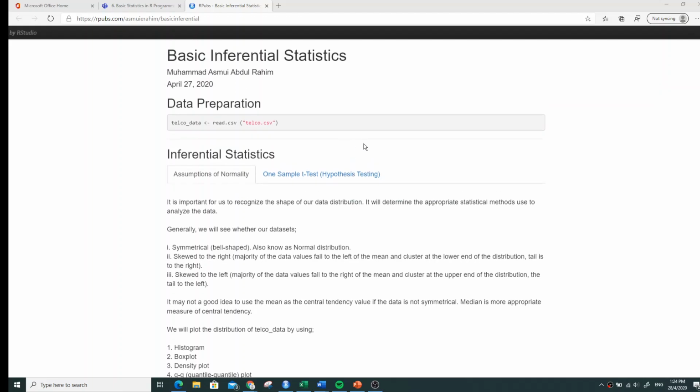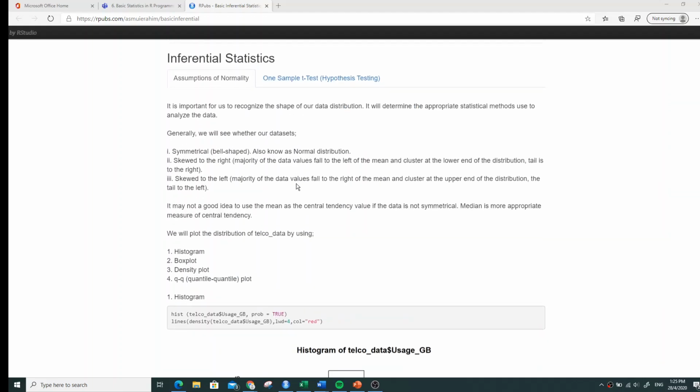This is actually the most basic thing because, as you know, there are a lot more inferential statistics that can be performed by using R, and of course it is not limited to one sample t-test only. But luckily, the one sample t-test is the only one in your topic syllabus. So let's take a look at assumption of normality.